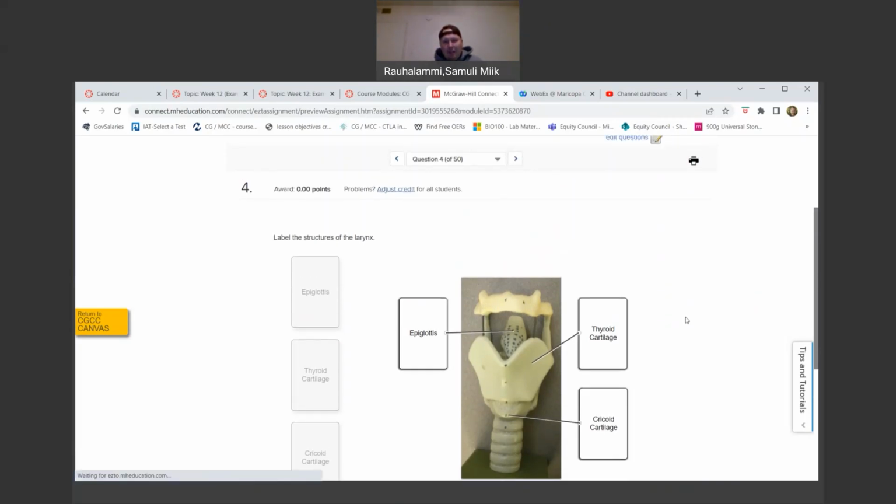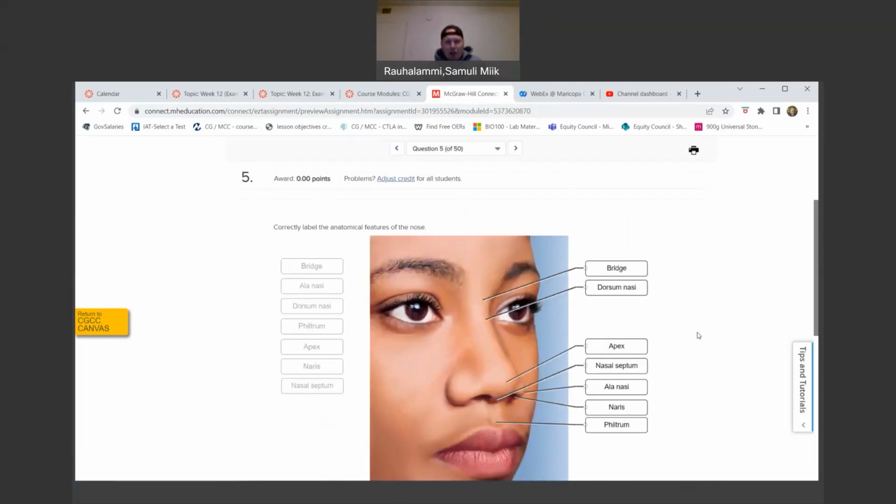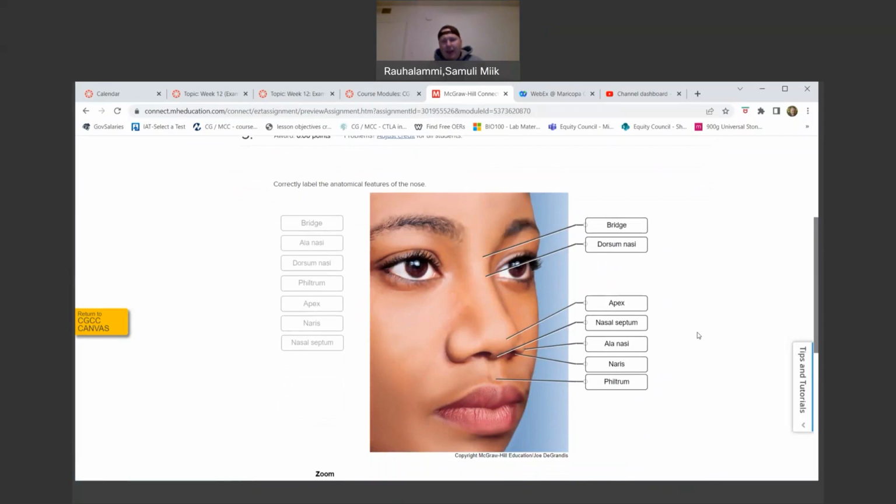It certainly means that. Let's have a look at different structures of the nose. If I'm thinking of the structures of the nose, we are seeing the nose bridge, we're seeing the dorsum nasi, we're seeing the apex of the nose. So remember, the apex of the heart was pointing inferiorly, anteriorly, and to the left. So the sharp tip really is what we mean when we're talking about apex.